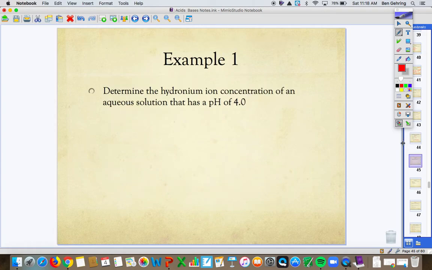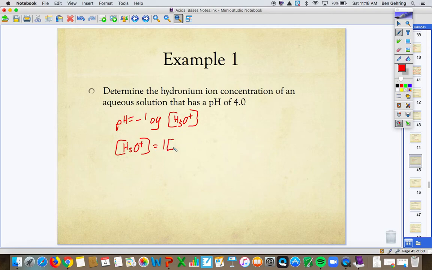For example, determine the hydronium ion concentration of an aqueous solution that has a pH of 4. So again, we know pH equals the negative log of the hydronium or hydrogen concentration. If we're working backwards, we have to use the anti-log.